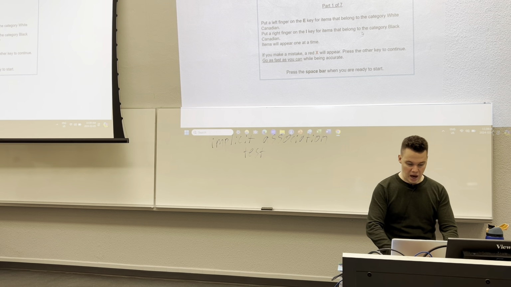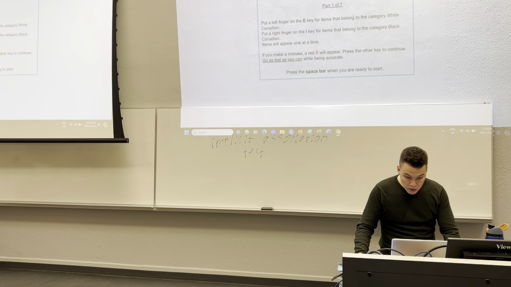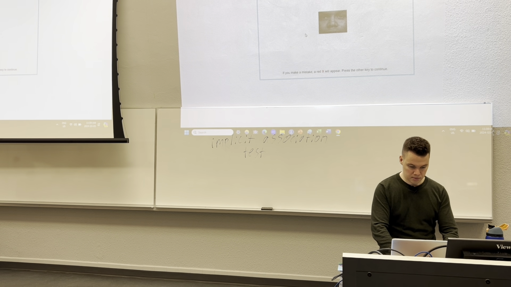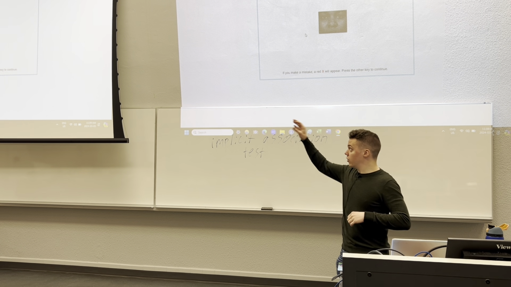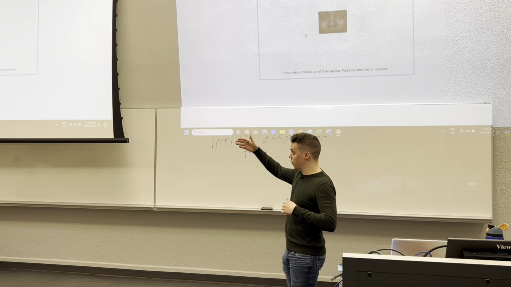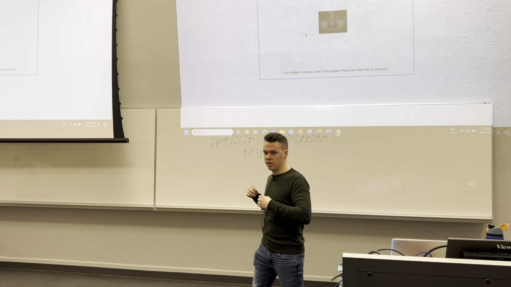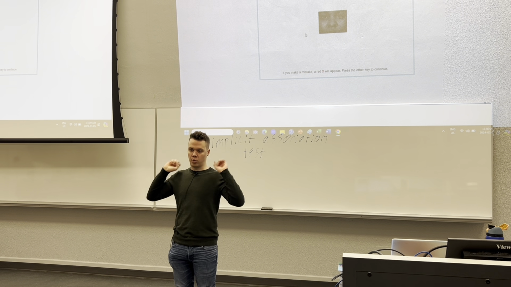So yeah, so you'll click E for items that belong to white, and I for things that are black. I mean, we don't have to do it all now, but that's the way the test works out. So it starts off getting you used to it, and then towards the end, you'll do it with good and bad words as well.